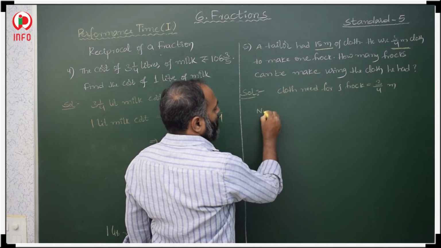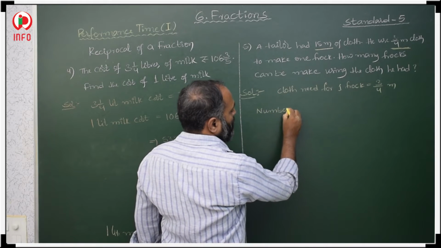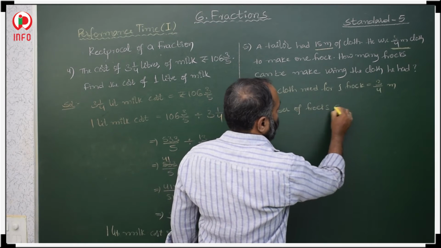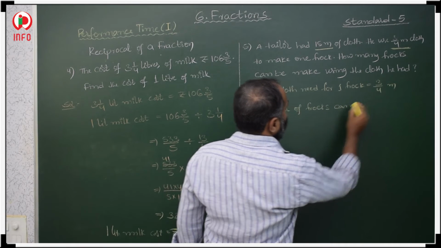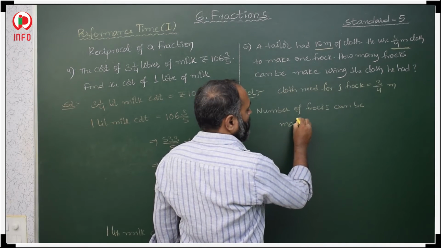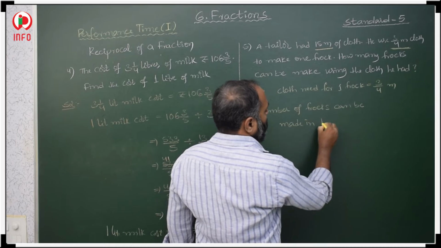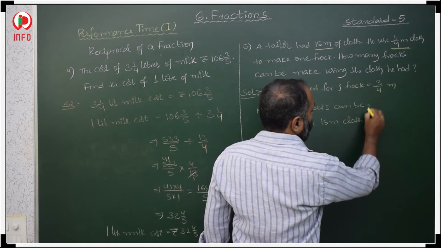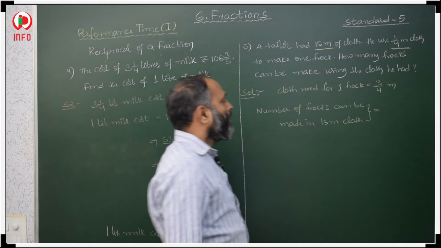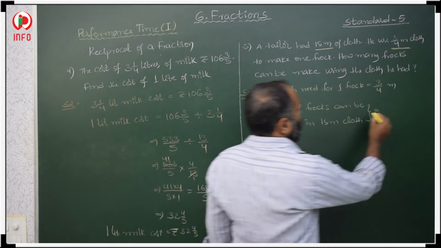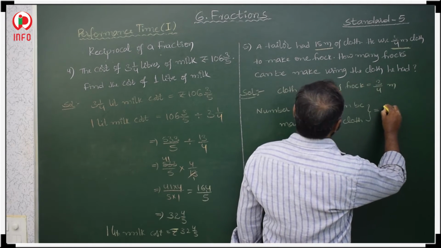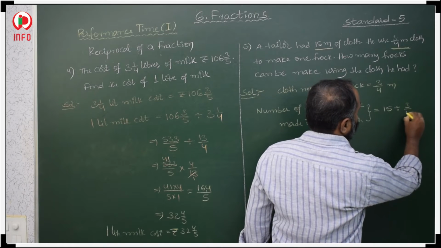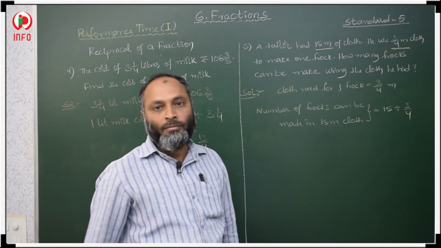Number of frocks that can be made in 15 meters of cloth, how to find that? 15 is divided by 3/4.